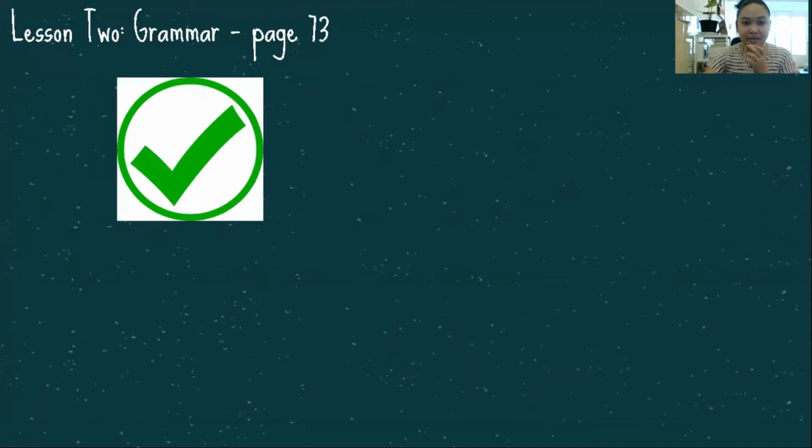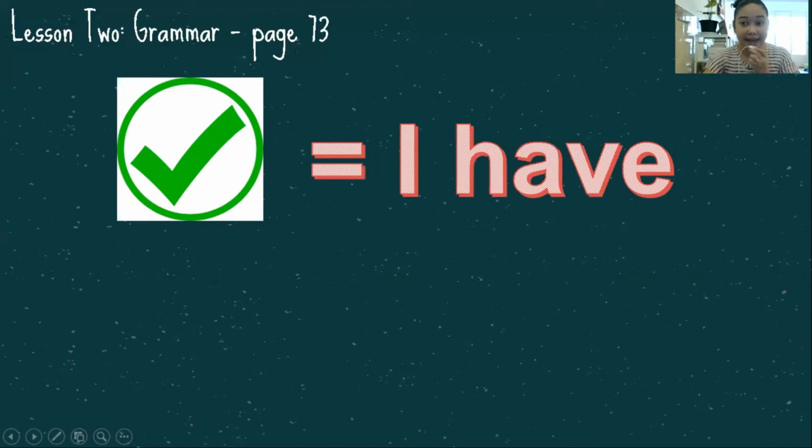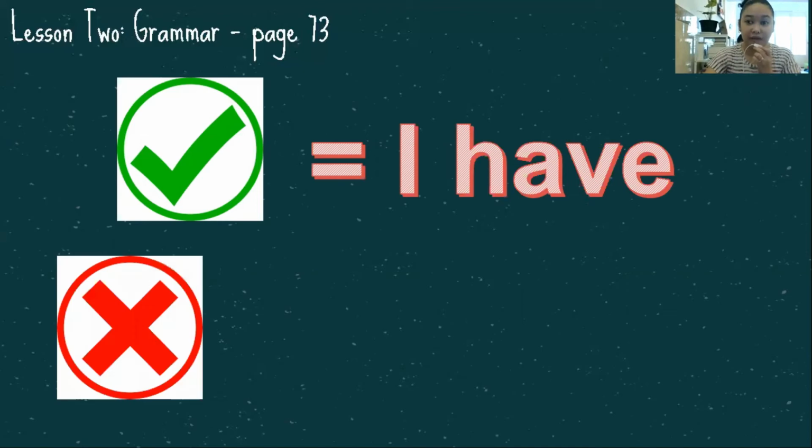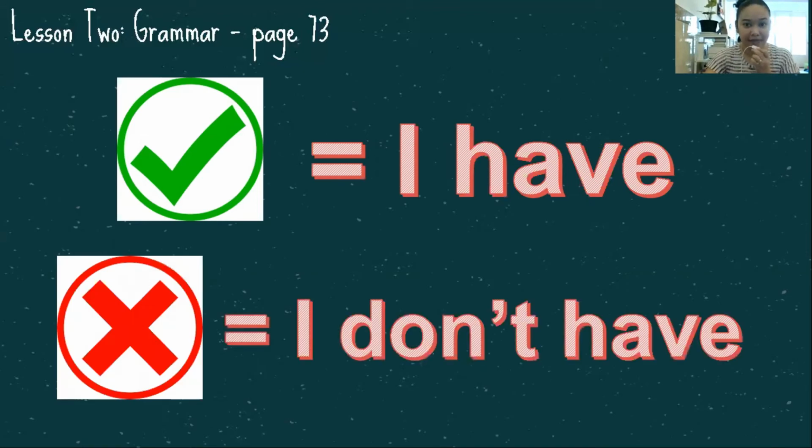Let's review first. Later, you will see some pictures with check and X marks, okay? If you see the check mark, that means it's I have. If you see the X mark, that means I don't have.